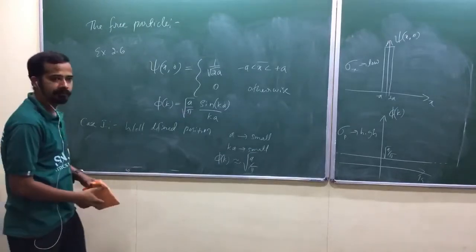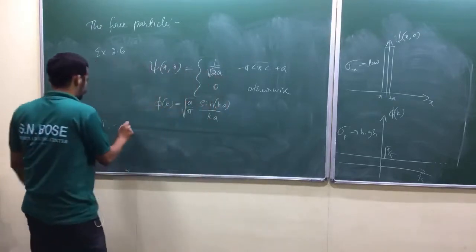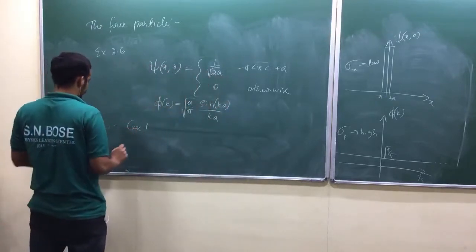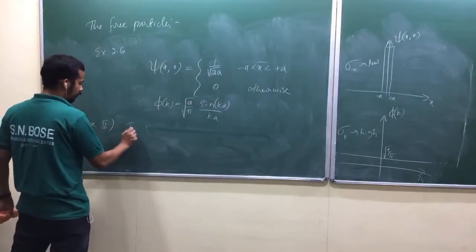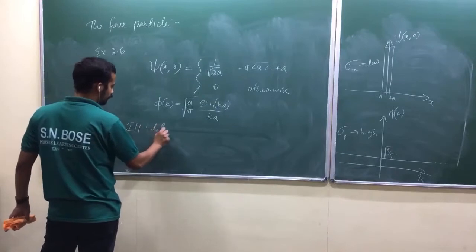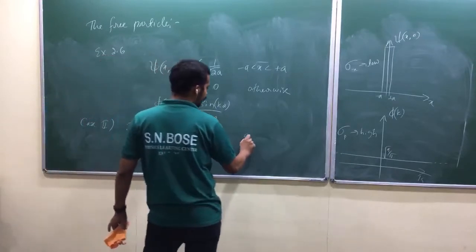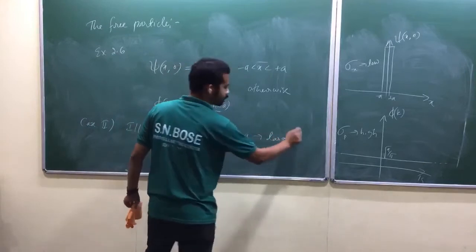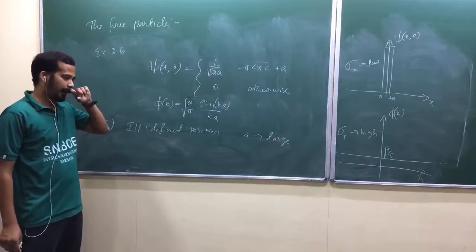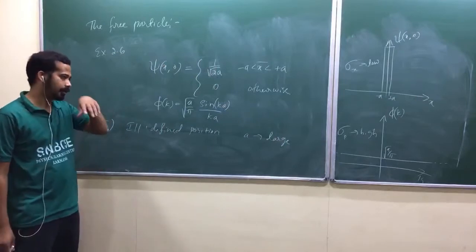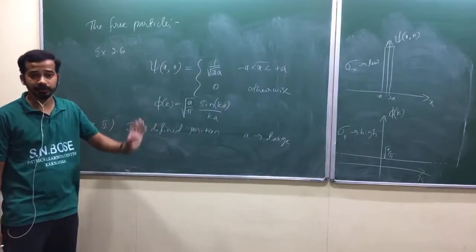Or let me take the other case. Case 2, ill-defined position. What do you mean by that one? A is large. It's an approximation, okay?